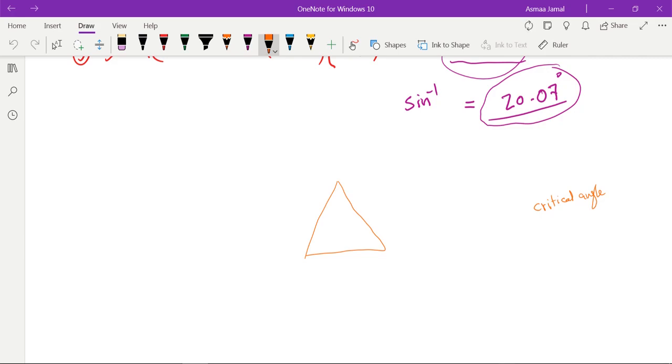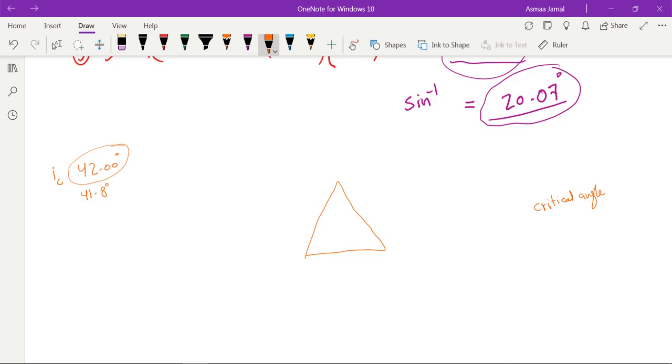For the prism or the glass that we use to produce the prism, the critical angle is 42 degrees, where the precise number is 41.8. But let's count it as 42. That's the critical angle for the prism glass.